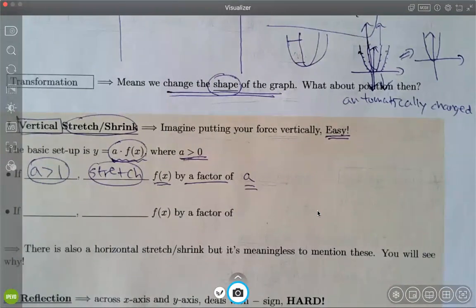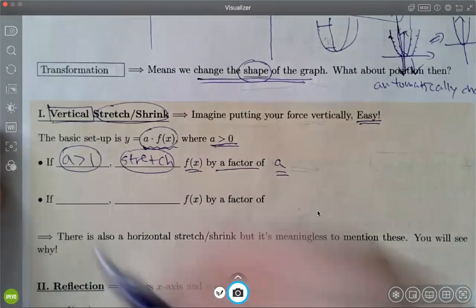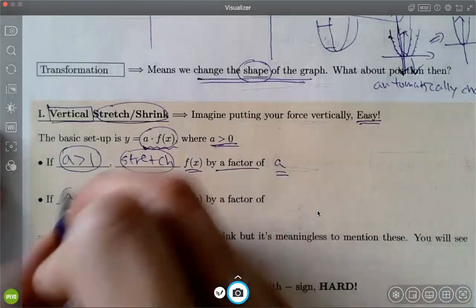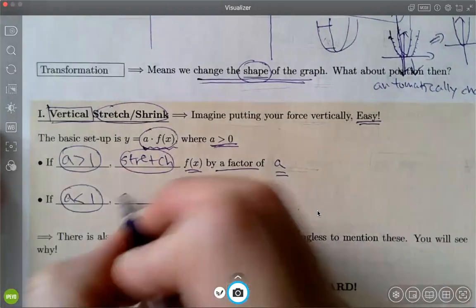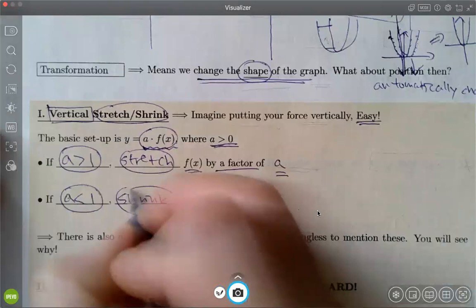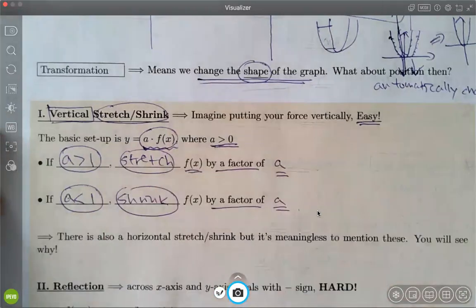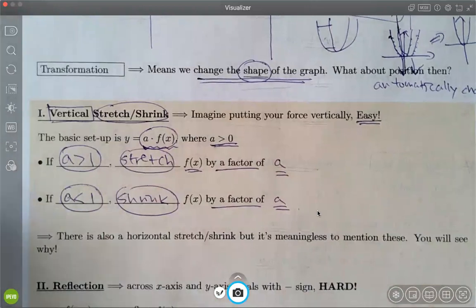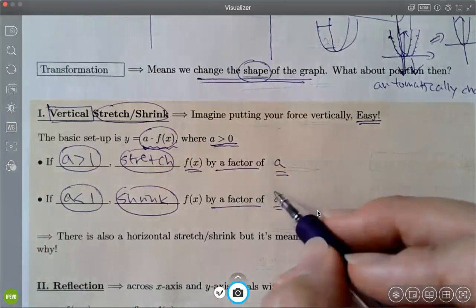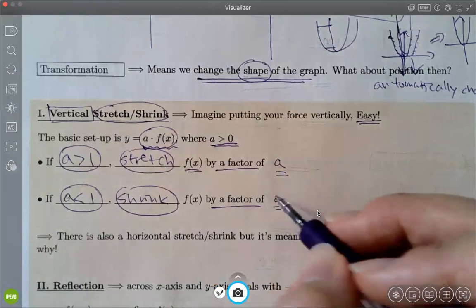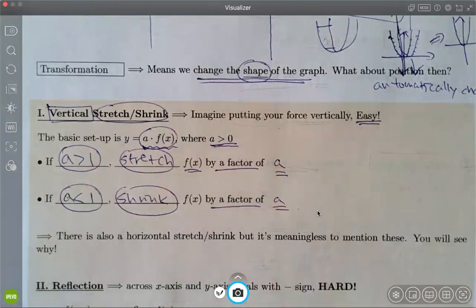Conversely, what does shrink mean? Your a is less than 1, and again, by a factor of the same number. Some people think for the shrink they have to put 1 over a for this number, but no, just a stays the same. Now, question: where is the case where a is equal to 1?